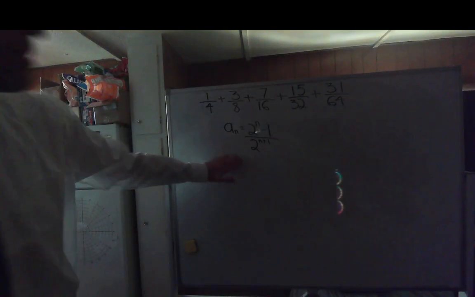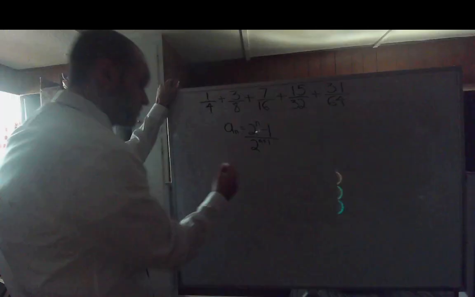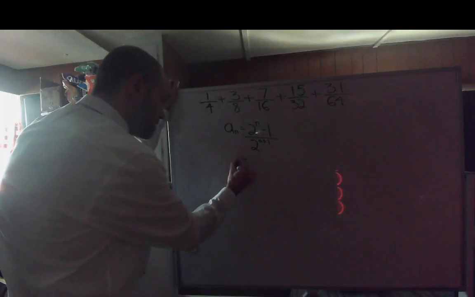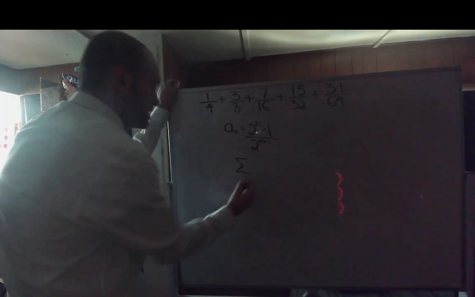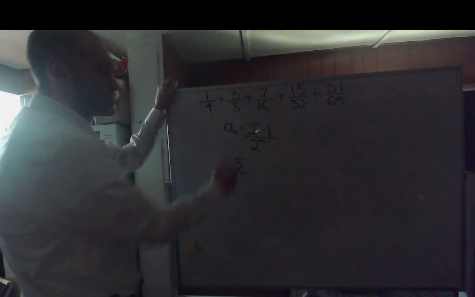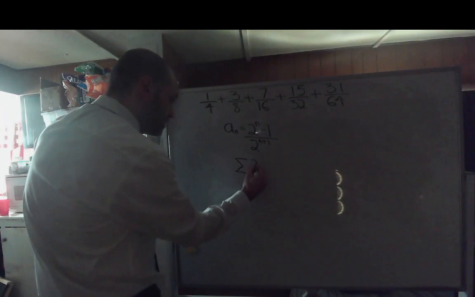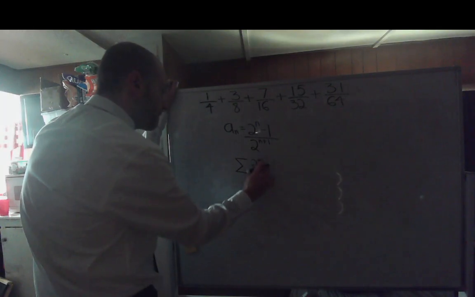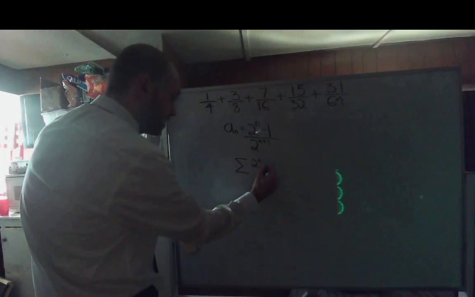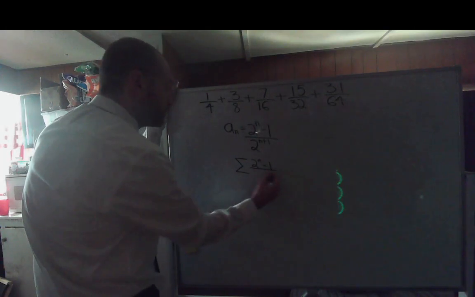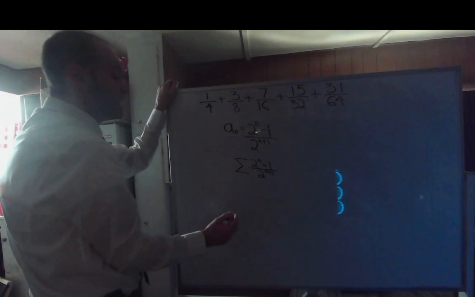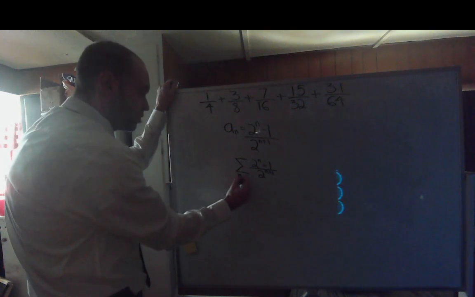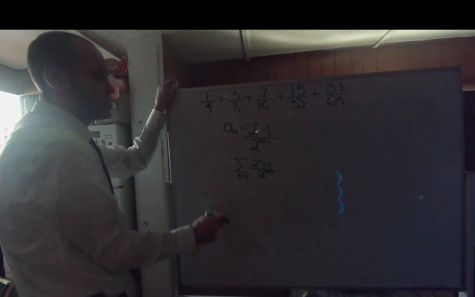Now, what about for our sum? So take your sigma notation. That's going to be of this a sub n, which would be 2 to the n, that whole 2 to the n quantity minus 1, all over 2 to the n plus 1 power. Now you're starting with n equals 1, that's your index of summation.